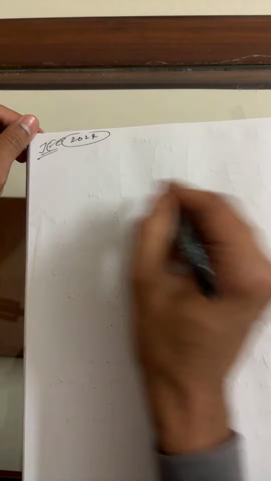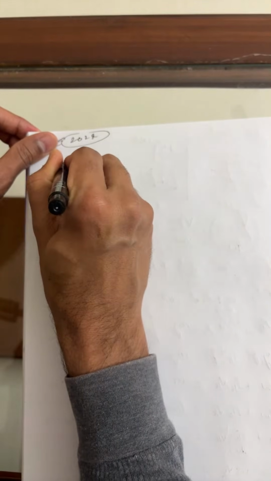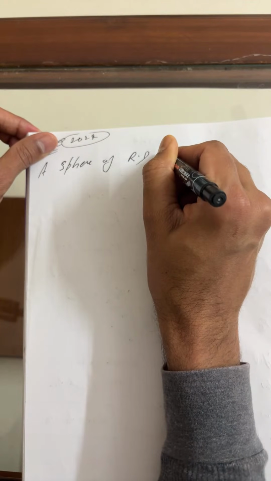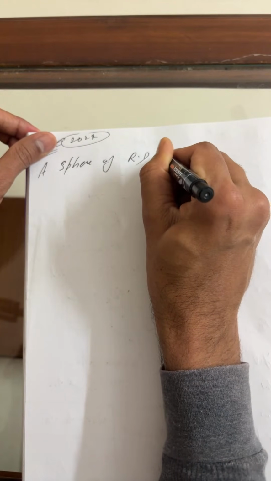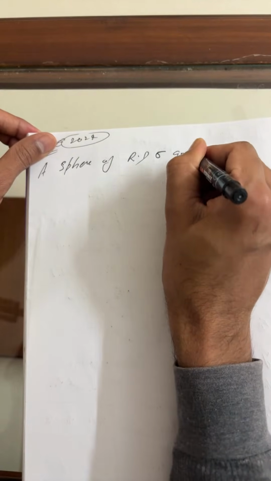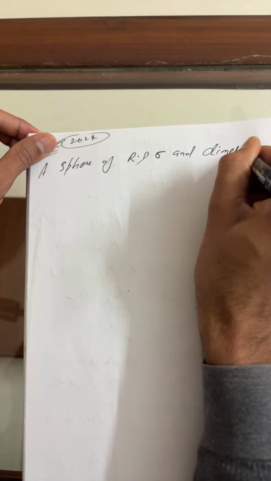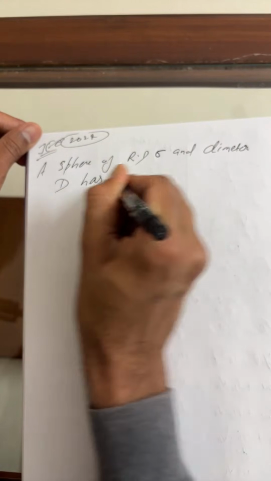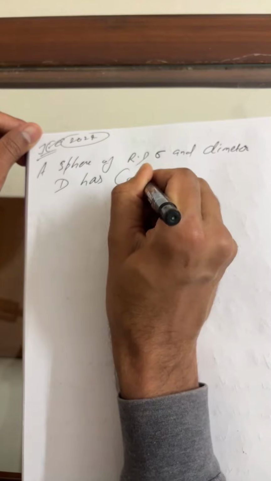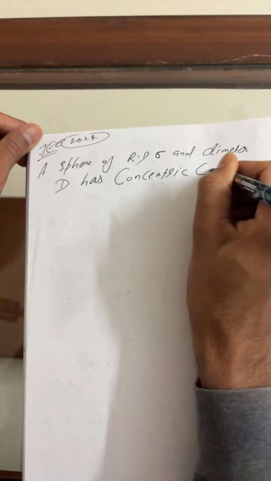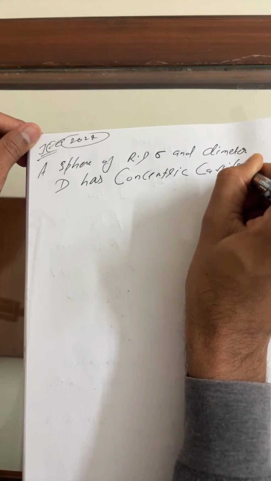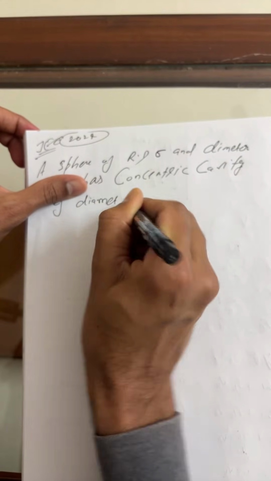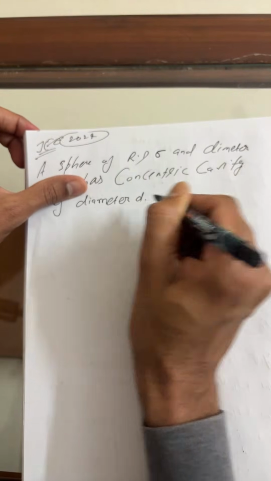A sphere of relative density sigma and diameter capital D has a concentric cavity of diameter small d.